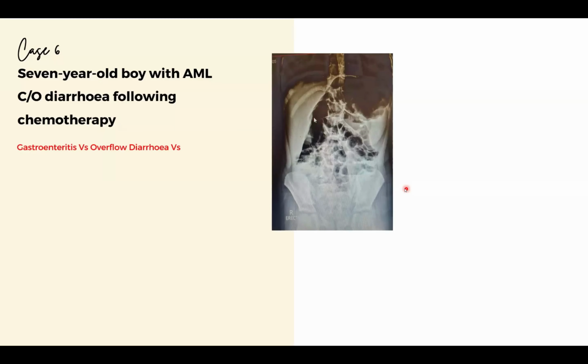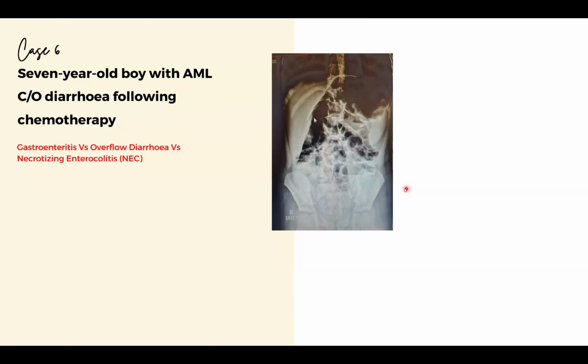If you have not managed these patients from the very beginning, it's very common to have overflow diarrhea, because the mother will notice only when the patient has loose stools or watery stools as a consequence of fecal loading and impaction.